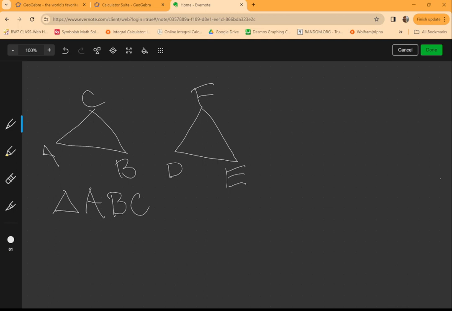Now if I'm given the information that these two triangles are congruent, then I would say triangle ABC is congruent, and I use this symbol, which is like an equal sign with a tilde on top of it, to triangle DEF.